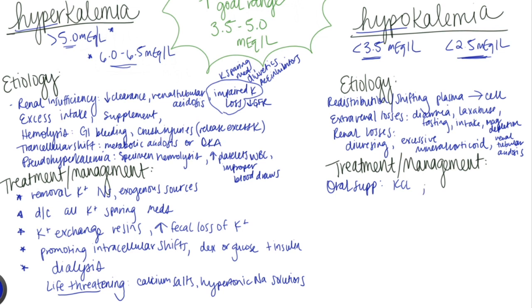If you have someone who has acidosis, you may choose to use a potassium bicarb instead to try and help manage that acidosis as well. And if you have someone who has some potential hypophosphatemia as well, maybe someone with refeeding, you may choose to do a KPhos instead to do two birds, one stone there.